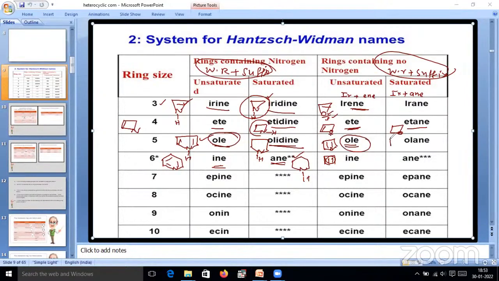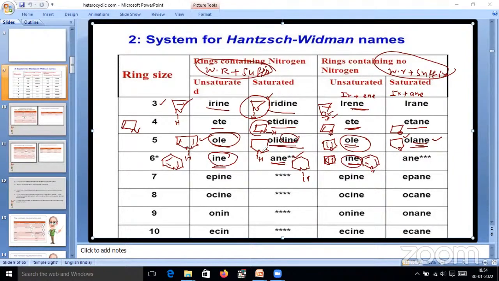Okay, suppose without nitrogen atom with saturation, you can write olane. Here olidine, here olane. Suppose if it is 6-membered system without nitrogen atom, you can write ine, similar to this one.